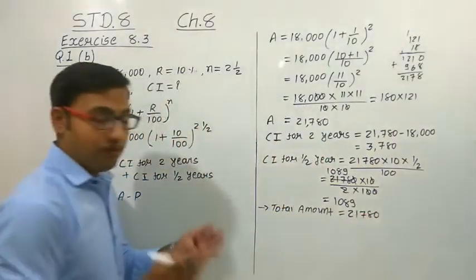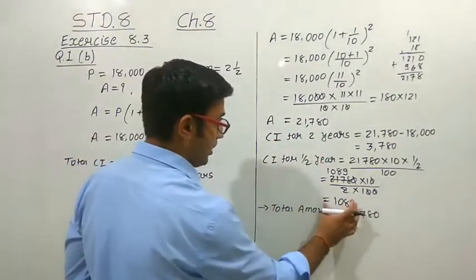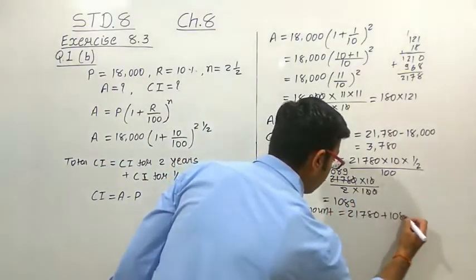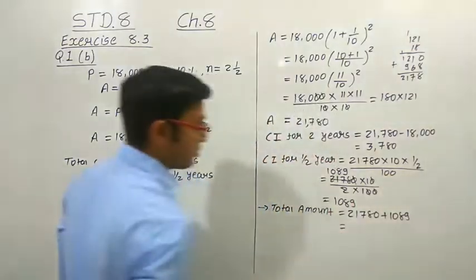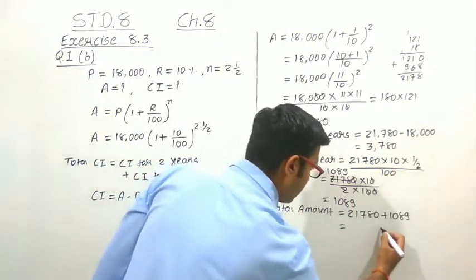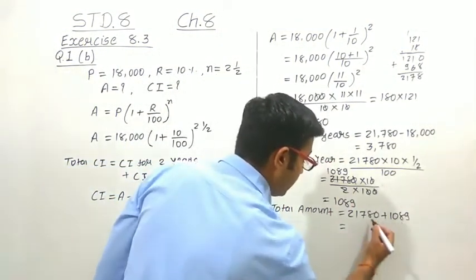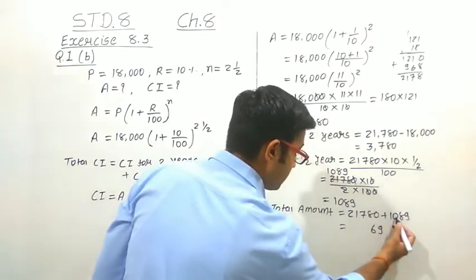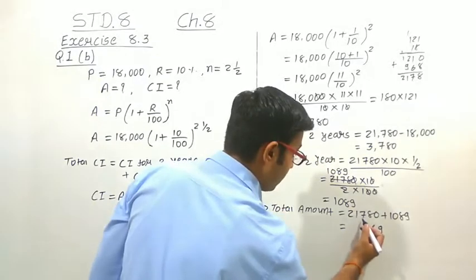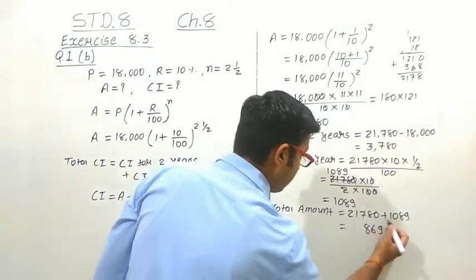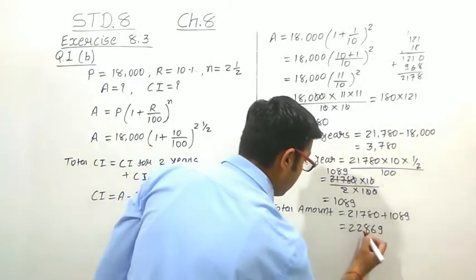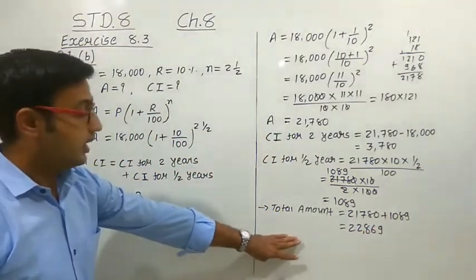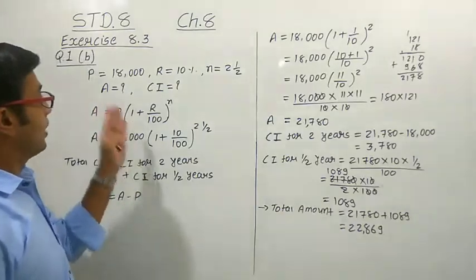Now for the next half year, what is the CI we are getting? In this step we have to add this 1089. So now when we add this, we get 9, 8 plus 8, that is 16. 1 is the carry. 0 plus 1, 1 plus 7, 8. 1 plus 1, 2, 2. 22,869. This is the total amount we are getting after 2.5 years.